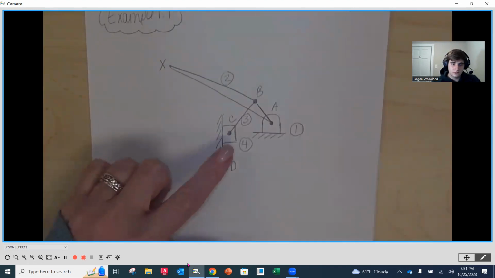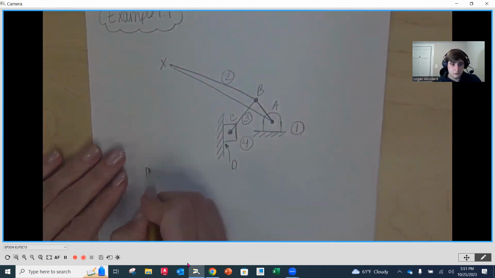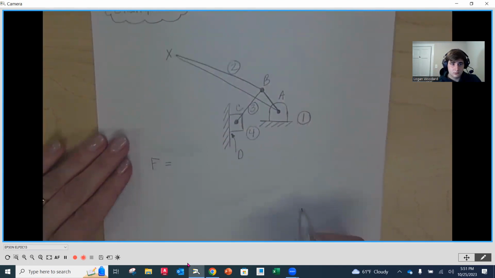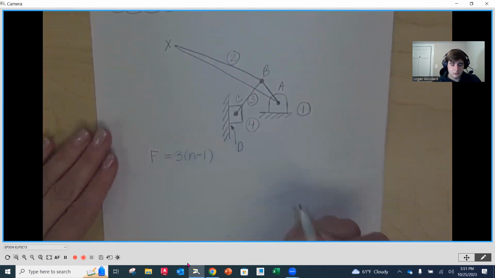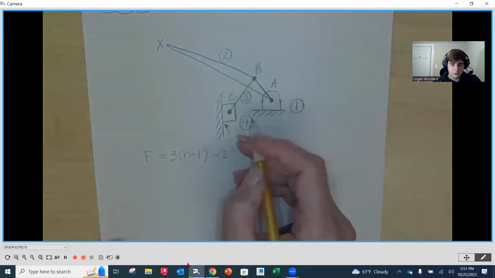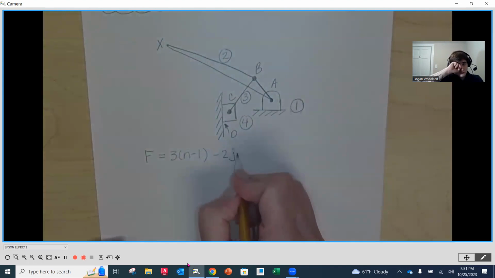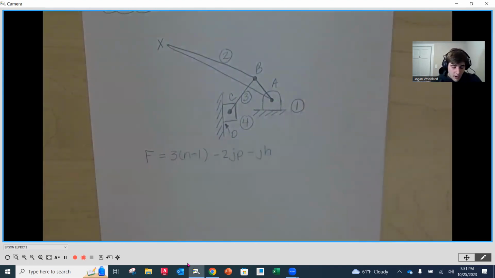We drew our kinematic diagram for it. And now we want to calculate the degrees of freedom or the mobility. So either F or M is equal to, and our equation is 3 times n minus 1 minus 2 times JP minus JH.